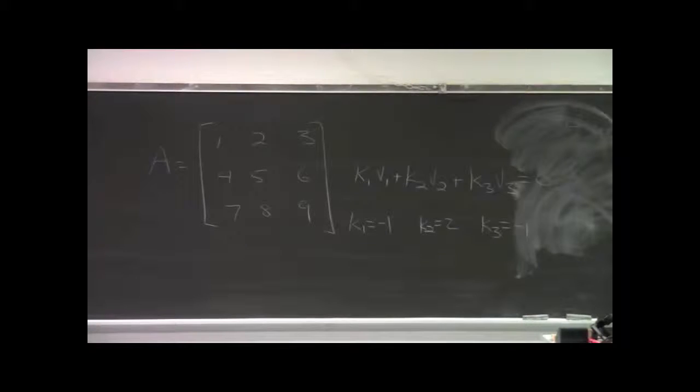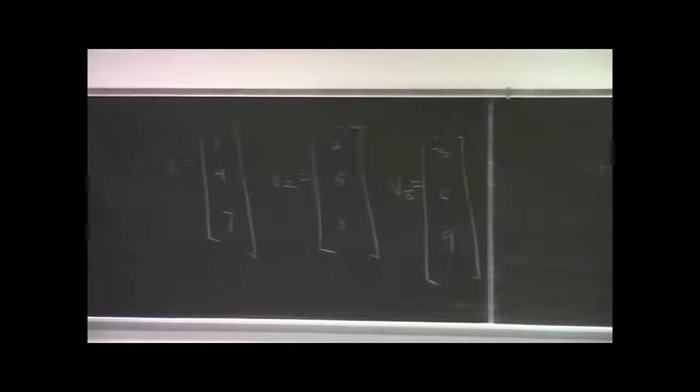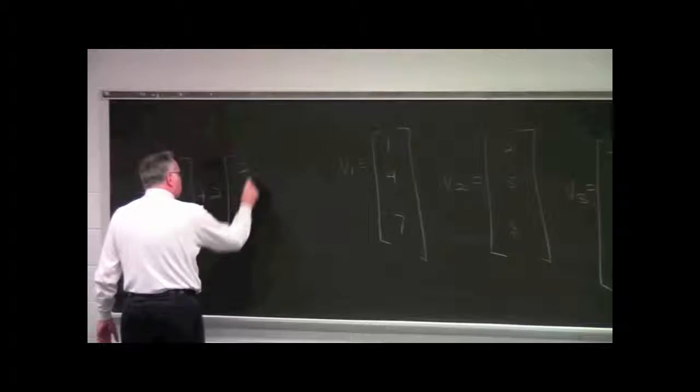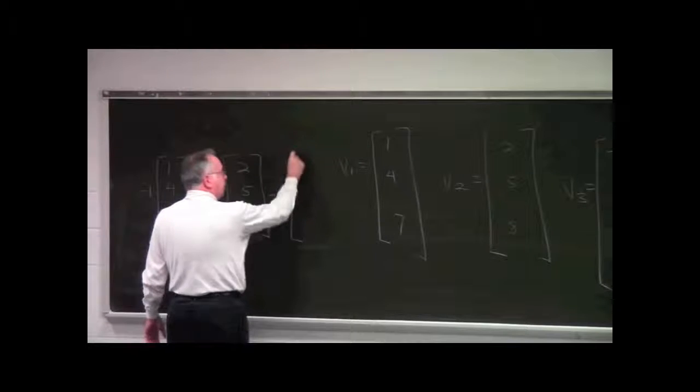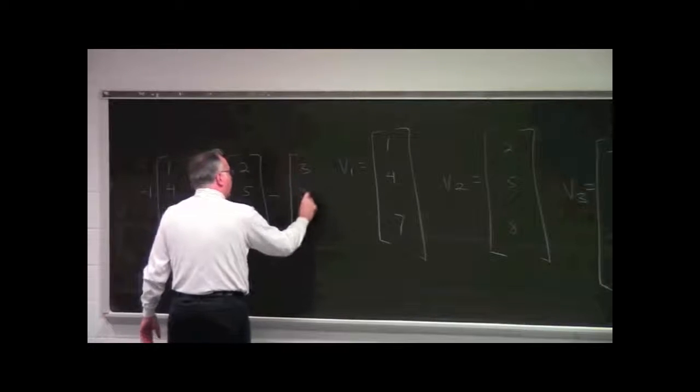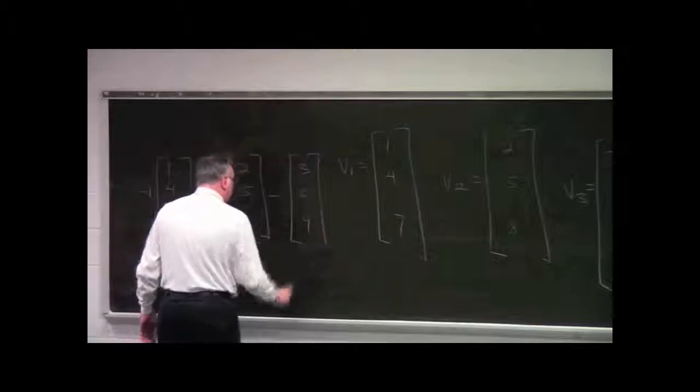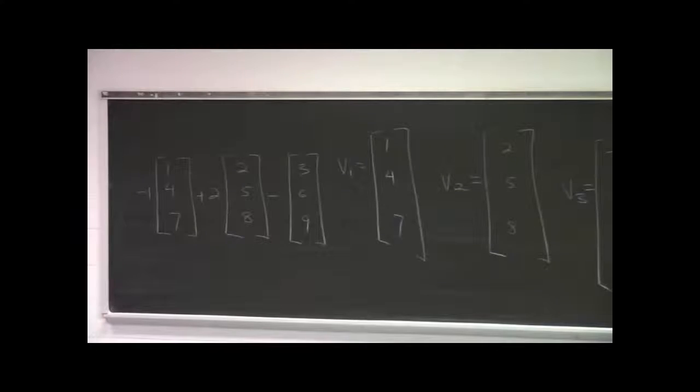Well, let me go back. Let me just write it out. Minus 1 times V1 is this. Plus 2 times V2 is this. Minus 1 times V3 equals the 3 by 1 vector 0, 0, 0.